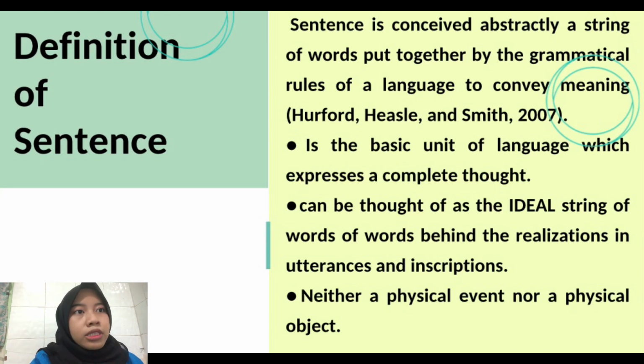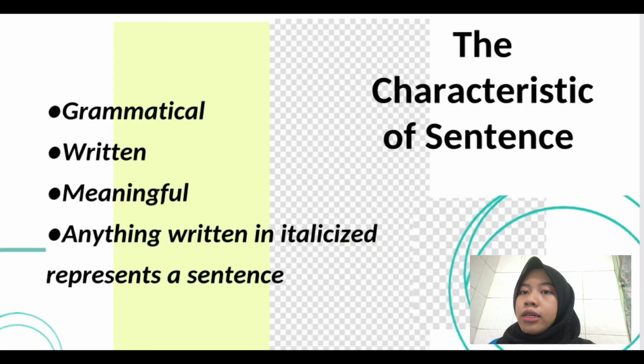It can be thought of as ideal strings of words, the words behind the realizations in utterances and inscriptions. Neither a physical event nor a physical object. The characteristics of a sentence are first, grammatical, second, written, third, meaningful, fourth, anything written in italics represents a sentence.